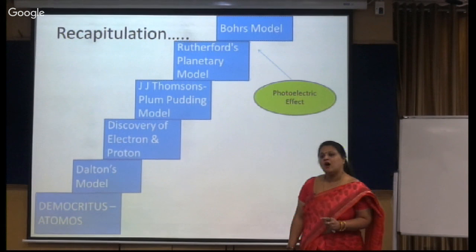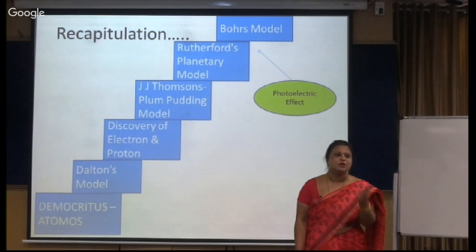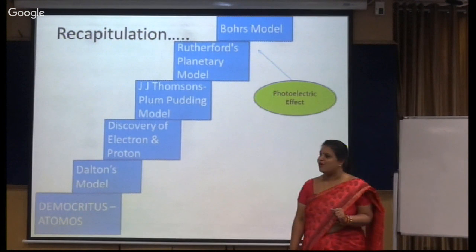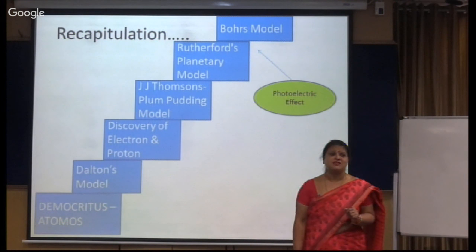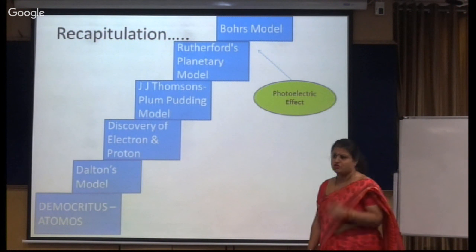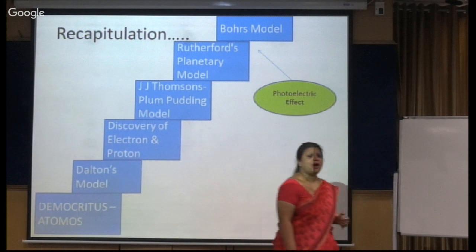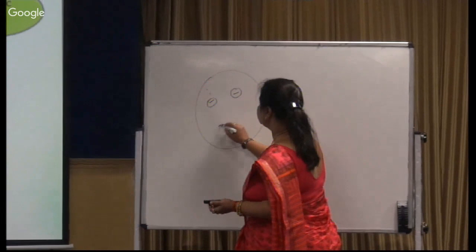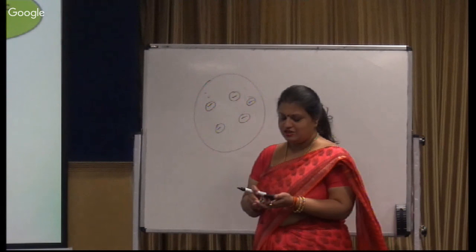And now once electrons and protons were discovered, which are a part of the atom, it was concluded that the atom is no longer the smallest unit of matter, but we do have subatomic particles like electrons and protons. And hence, J.J. Thomson gave the plum pudding model, where the atom is a sphere of positive charge and negatively charged electrons are embedded in this sphere of positive charge. Okay, this is what J.J.